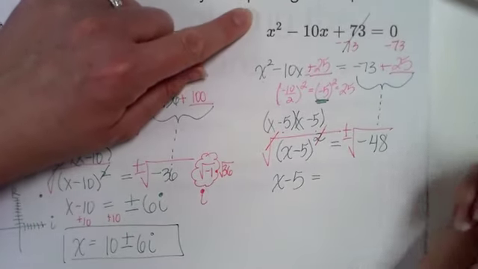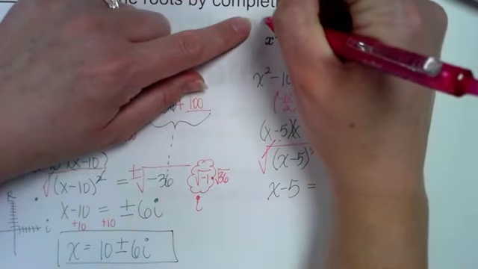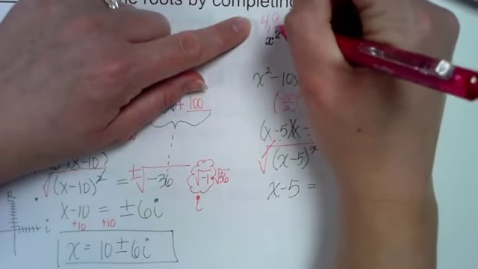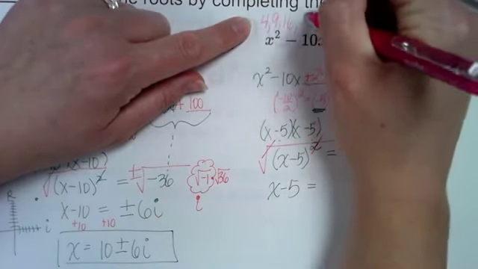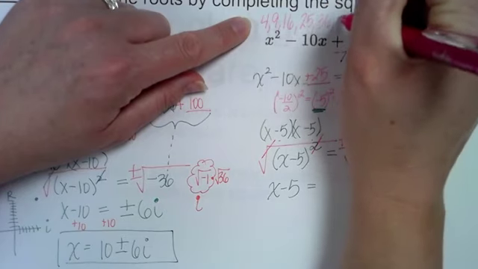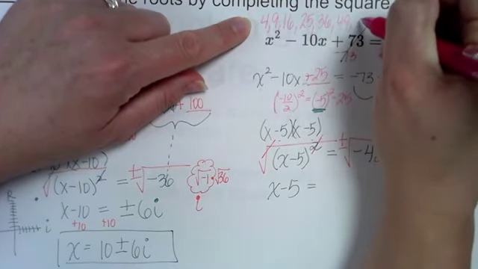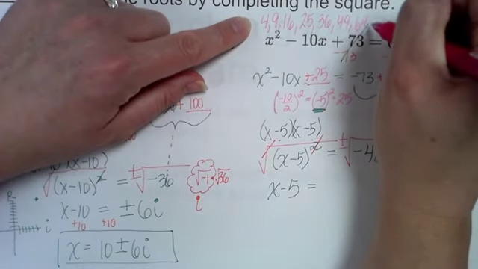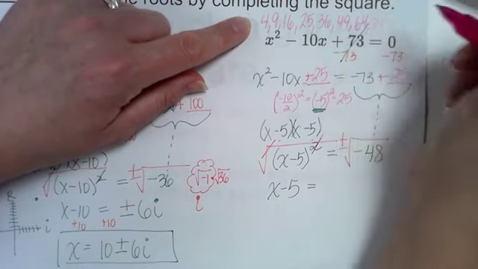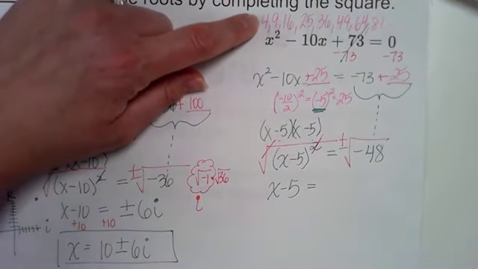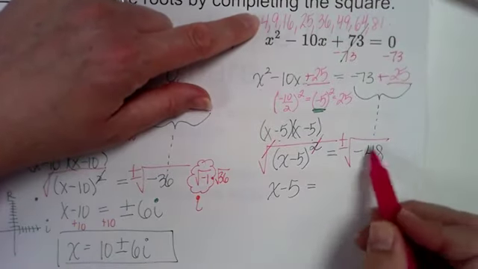Perfect squares are 4, 9, 16, 25, 36, 49, what's next, 64, what's the next one? 81, okay.